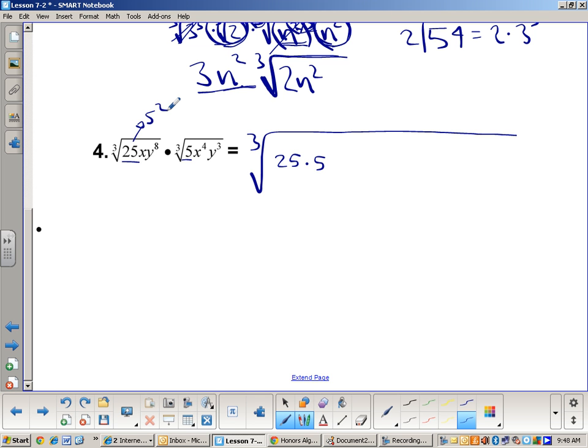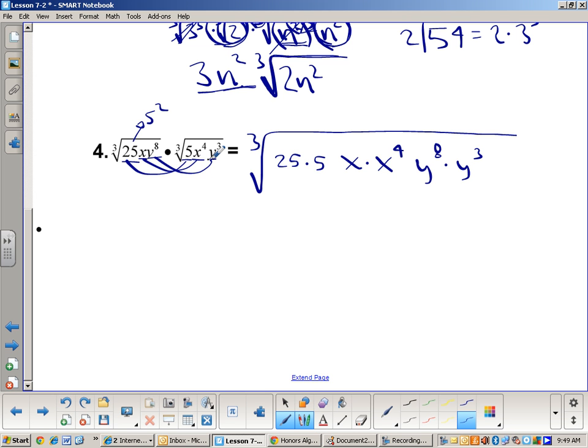So I've got some options there. X times x to the 4th. I'm just going to put them all together first. And then y to the 8 times y to the 3rd. I just took all my terms that were like terms, and I'm going to put them together so that they're next to each other.